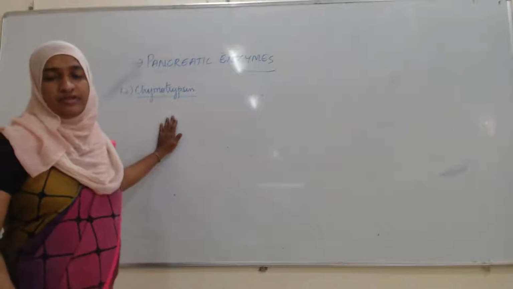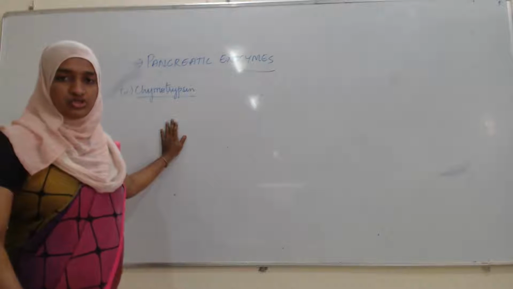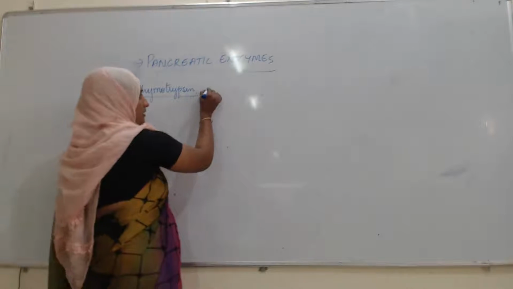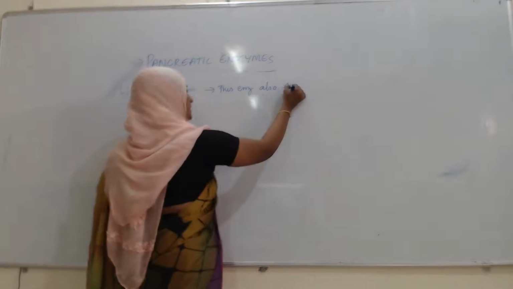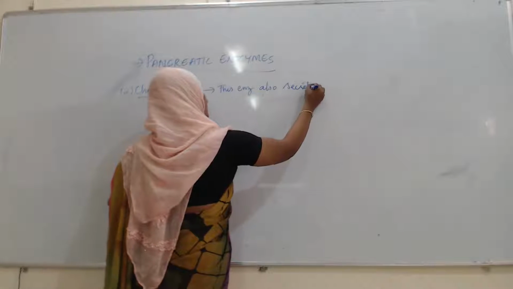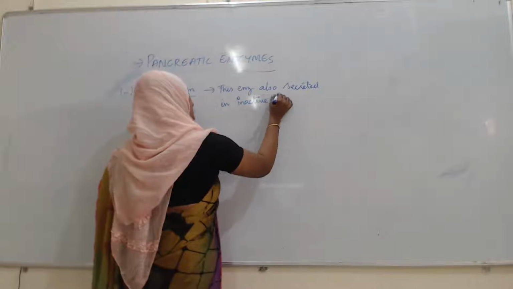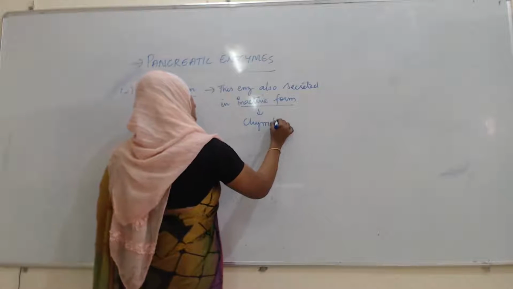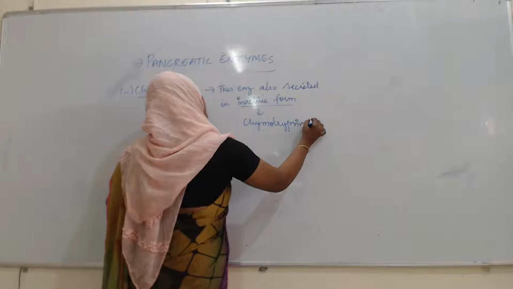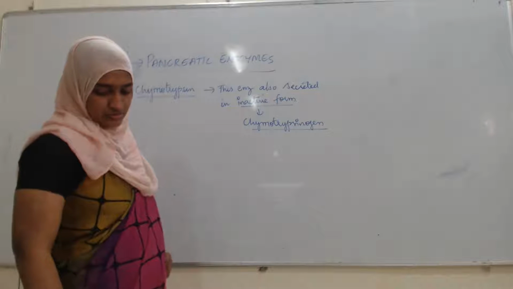Chymotrypsin is also secreted in an inactive form. What is the inactive form of chymotrypsin? That is chymotrypsinogen.